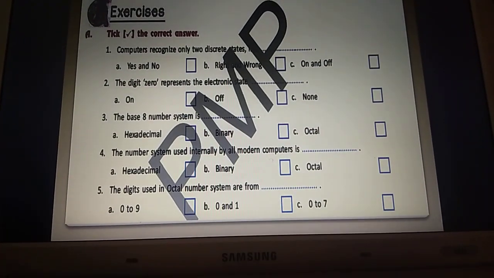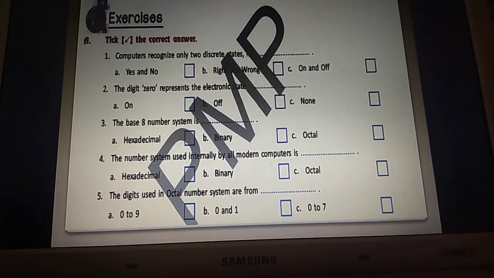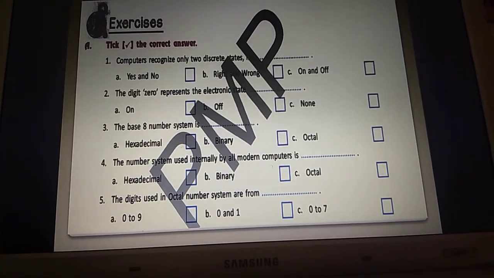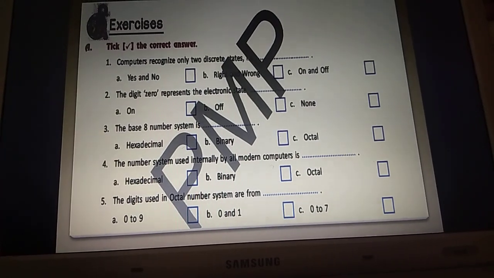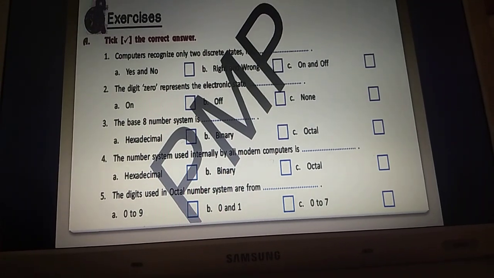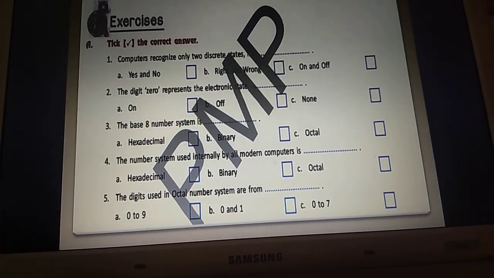Now students, you have an assignment which you are to prepare. First of all, the book work. In book work you are to tick the correct answer. You have 5 multiple choice questions, so you are to tick them.